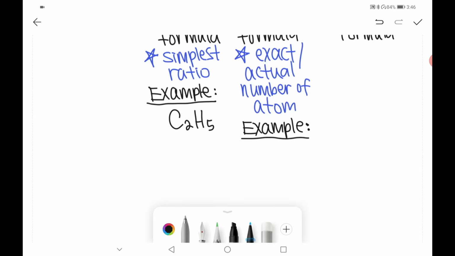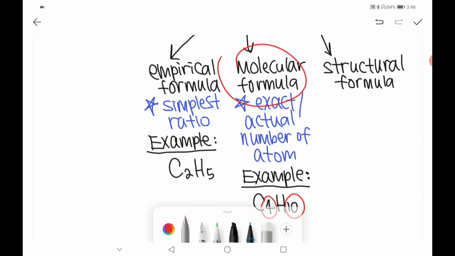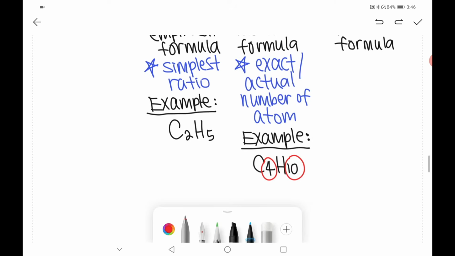Example, let's say C4H10. As you can see, the numbers 4 and 10 are not in the simplest ratio. When the numbers are not in the simplest ratio, it is molecular formula. This is what we learn in Form 4.